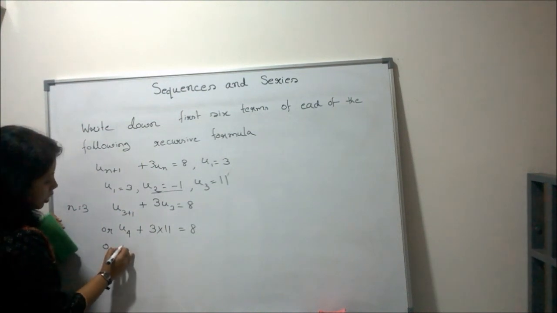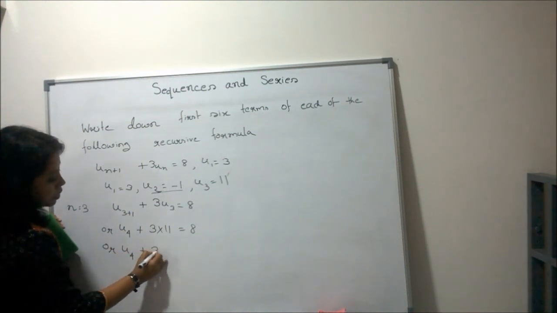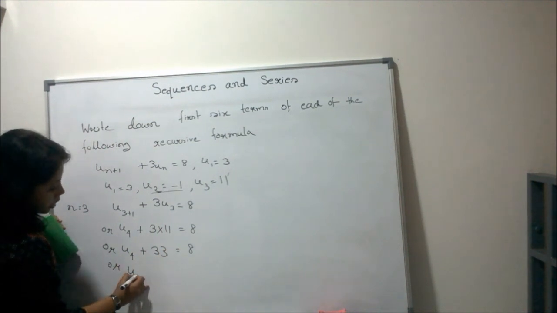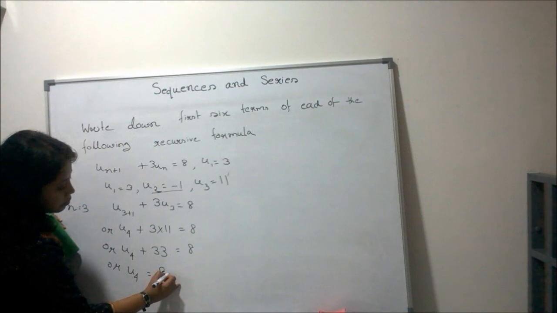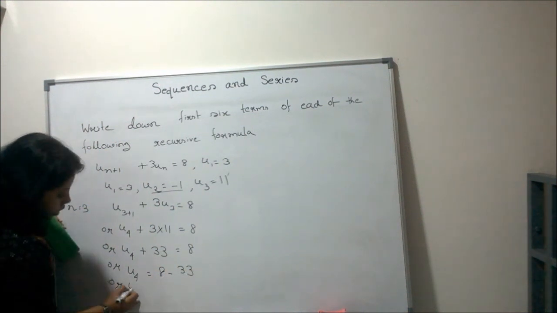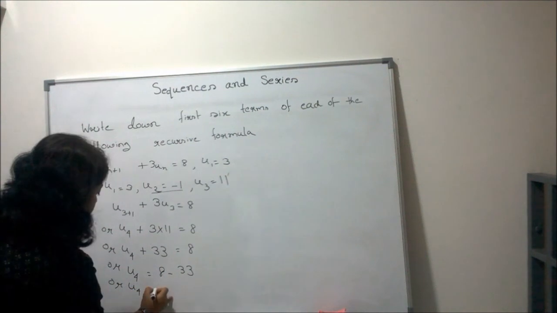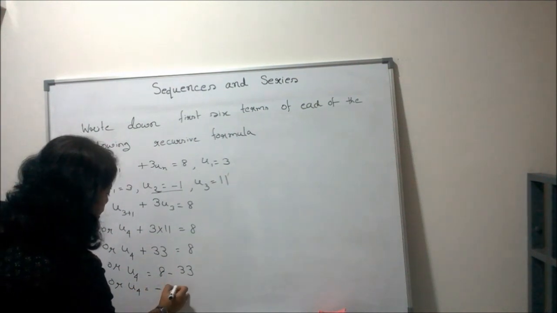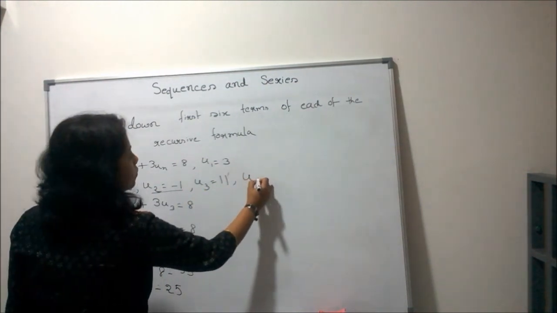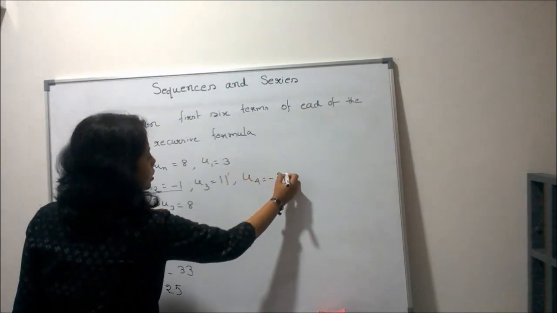So u4 plus 33 equals 8. So u4 is 8 minus 33. So u4 is minus 25.